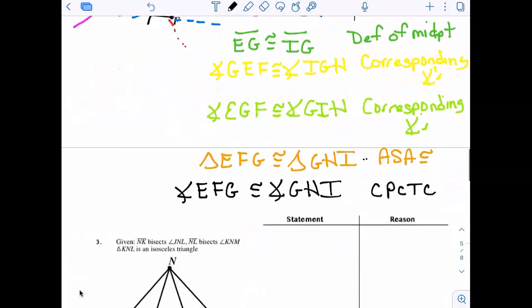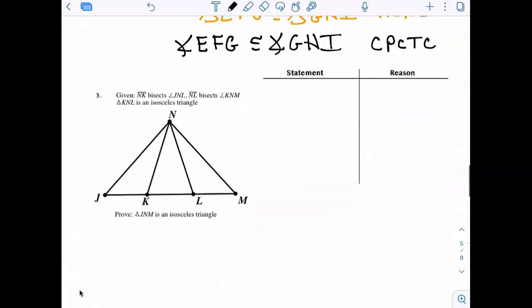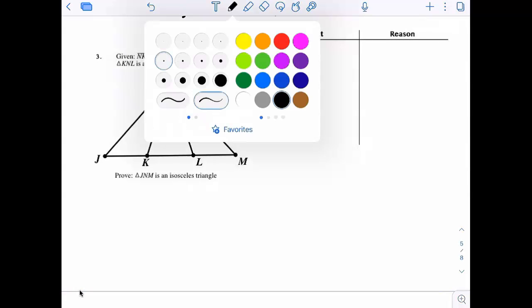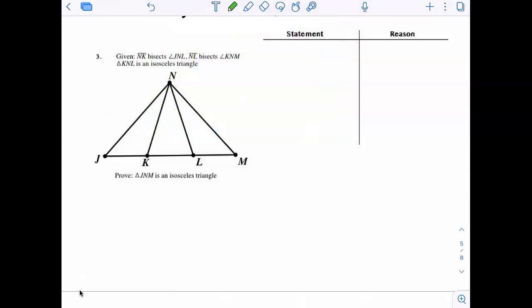Okay, so now let's move on and look at problem number 3. Okay, so our given in this problem is that segment NK bisects angle JNL.